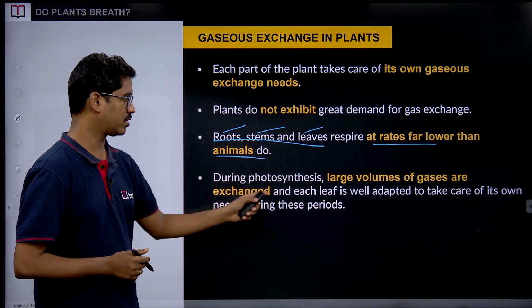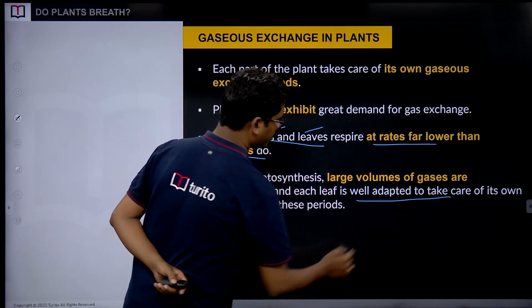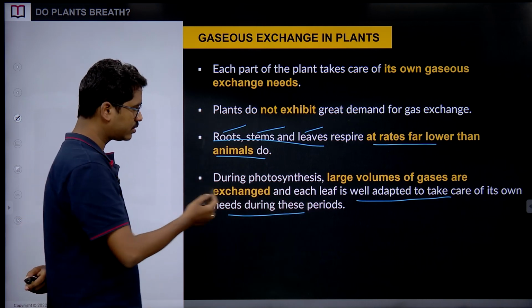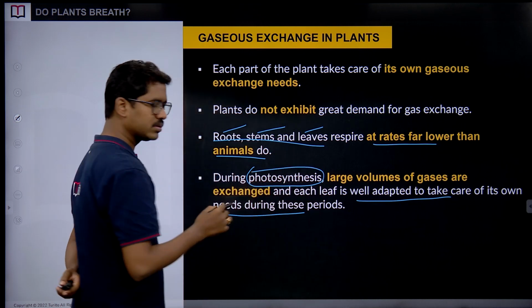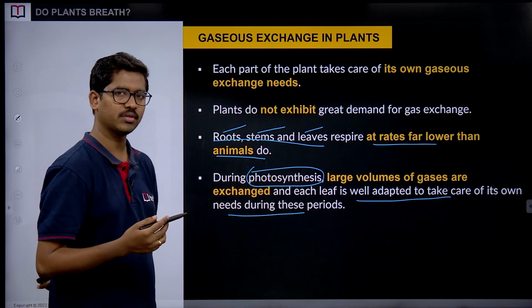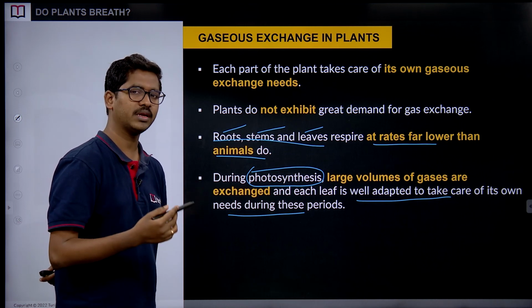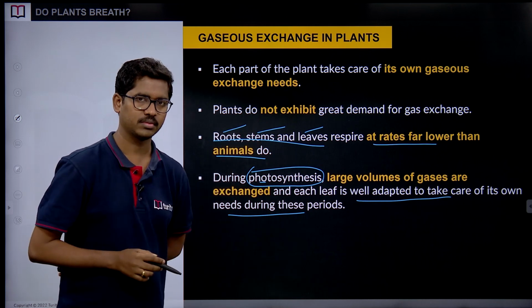During photosynthesis, a large volume of gases are exchanged. Each leaf is well adapted to take care of its own needs during these periods, that is during photosynthesis. Like I mentioned, in the daytime, the rate of respiration in plants is less compared to the rate of photosynthesis.